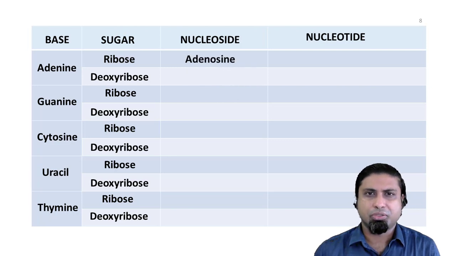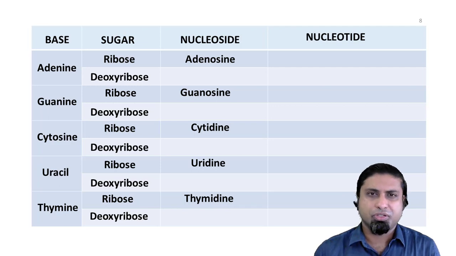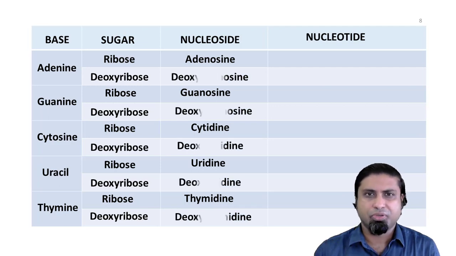When ribose is added to guanine, we get guanosine. Addition of ribose to cytosine gives cytidine. Addition of ribose to uracil gives uridine. And addition of ribose to thymine gives thymidine. The addition of deoxyribose to the respective bases gives nucleosides of the corresponding names.